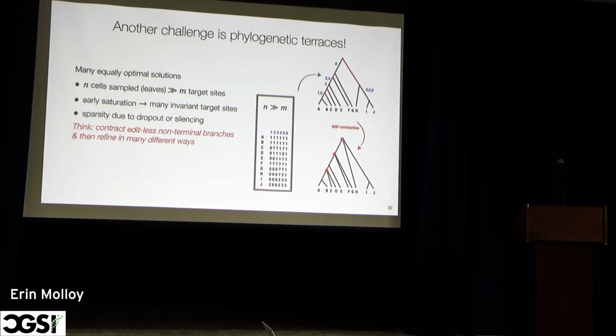And so basically you could resolve these polytomies in a variety of different ways, and they're all going to have the same parsimony score. And so you just get large numbers of optimal trees, both because of this contraction-refinement situation, and also just because there can be many optimal solutions regardless. And so this is a big issue to deal with that we'll come back to later.